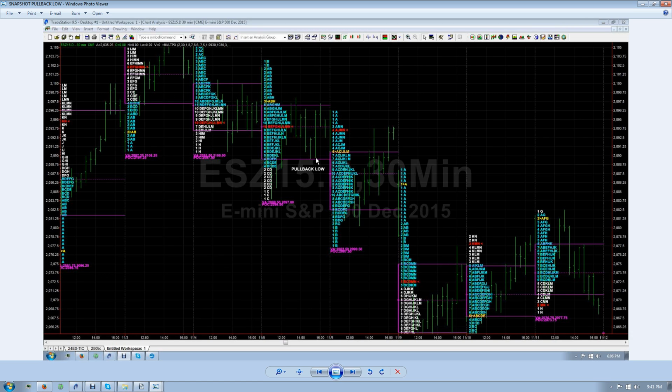The market attempted to go higher, had a pullback low, and that's where buyers try to keep the market up. And they're long there. So what happens is once you break a pullback low, all those buyers are trapped.